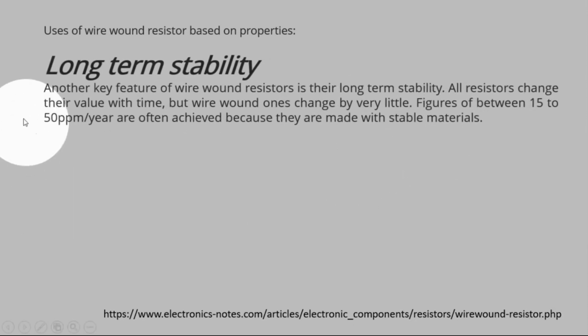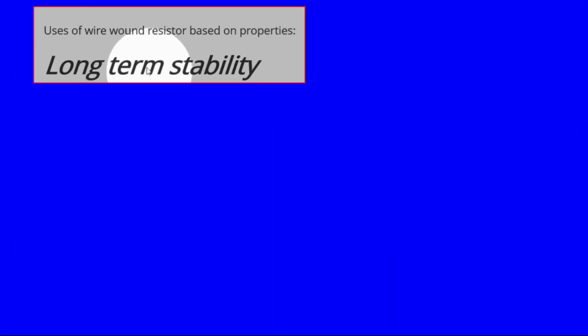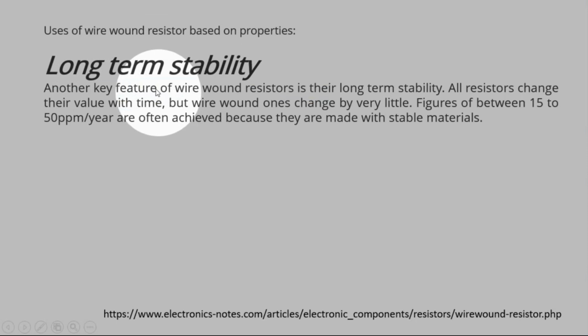Another one is long-term stability. Another key feature of the Wirewound resistor is that it has long-term stability. All resistors change value with time, but the Wirewound ones change very little, about 15 to 50 parts per million per year, and this is often achieved.